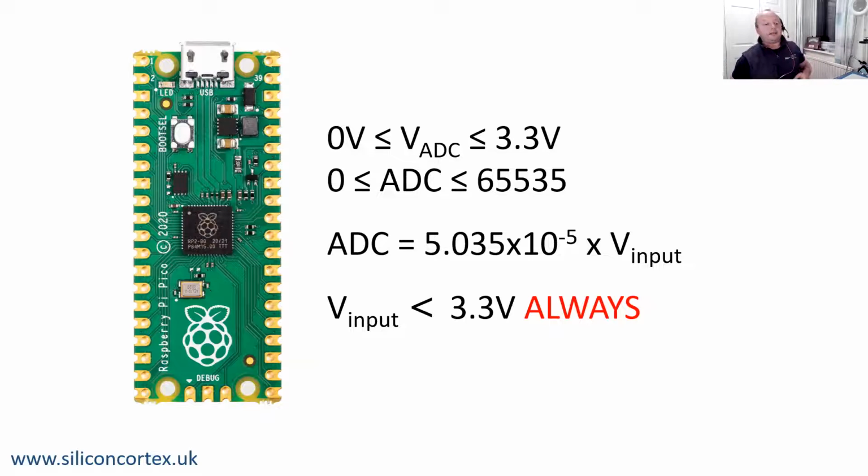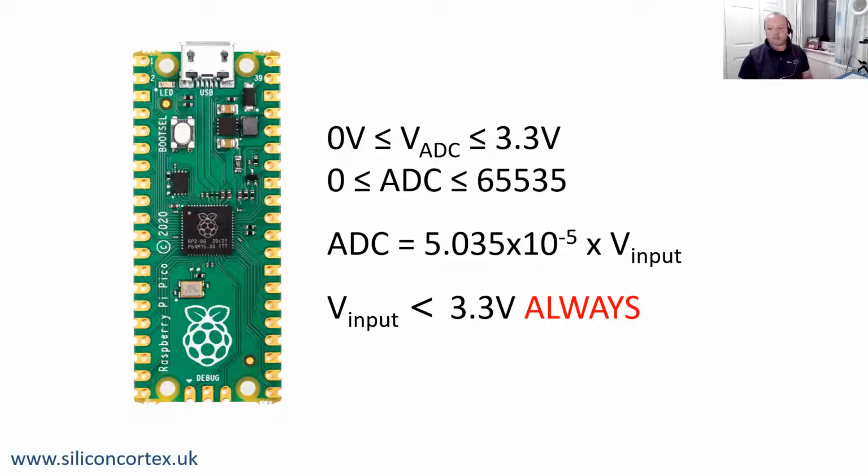The ADC is 16 bits. So the ADC value you read is that fancy equation there. That works out at about 50 microvolt resolution. I don't think you'll ever be able to get the full 16-bit resolution. I suspect, based on my experience, you're going to have to write off the first 4 bits, which means you've probably got about an 800 microvolt resolution, which is still over 1,000 levels per volt.